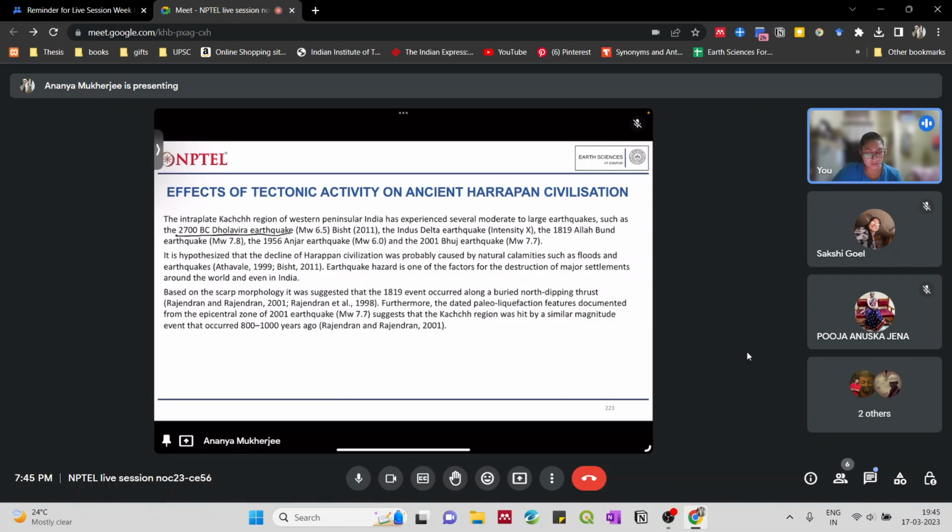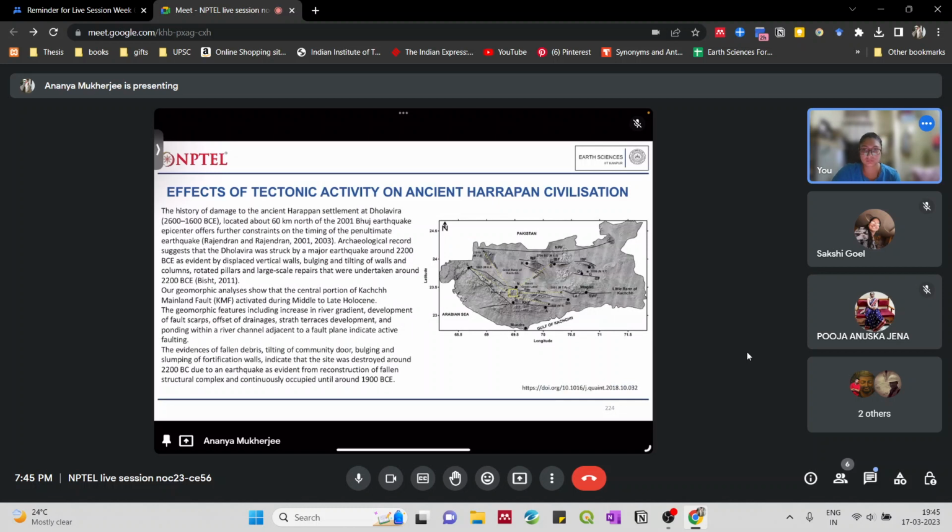So over here you can understand what the study found. You can refer to the paper with the reference that I have mentioned at the bottom of the slide. You can read the paper if you are interested.